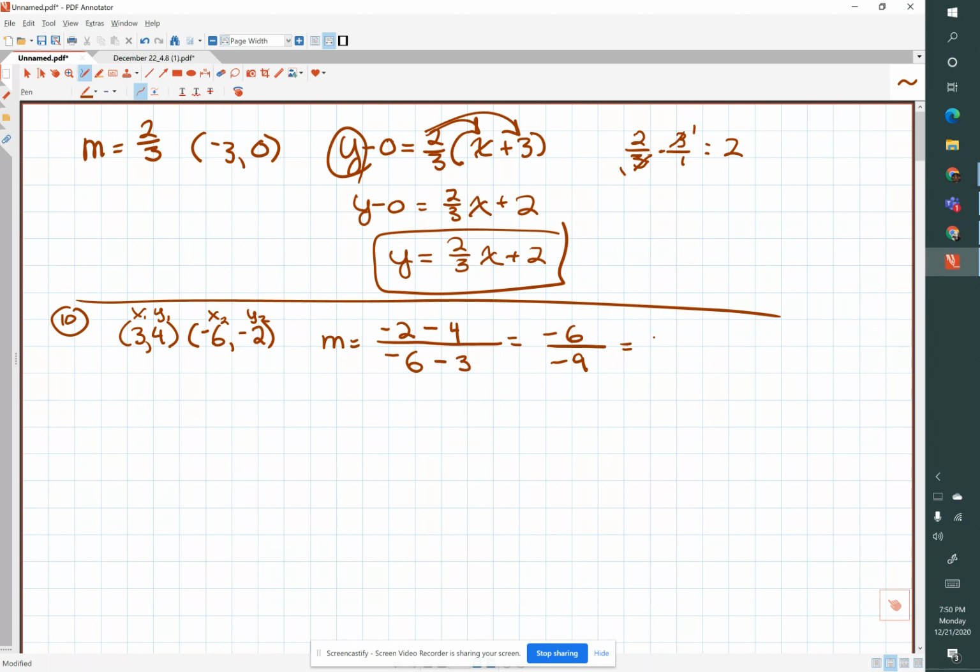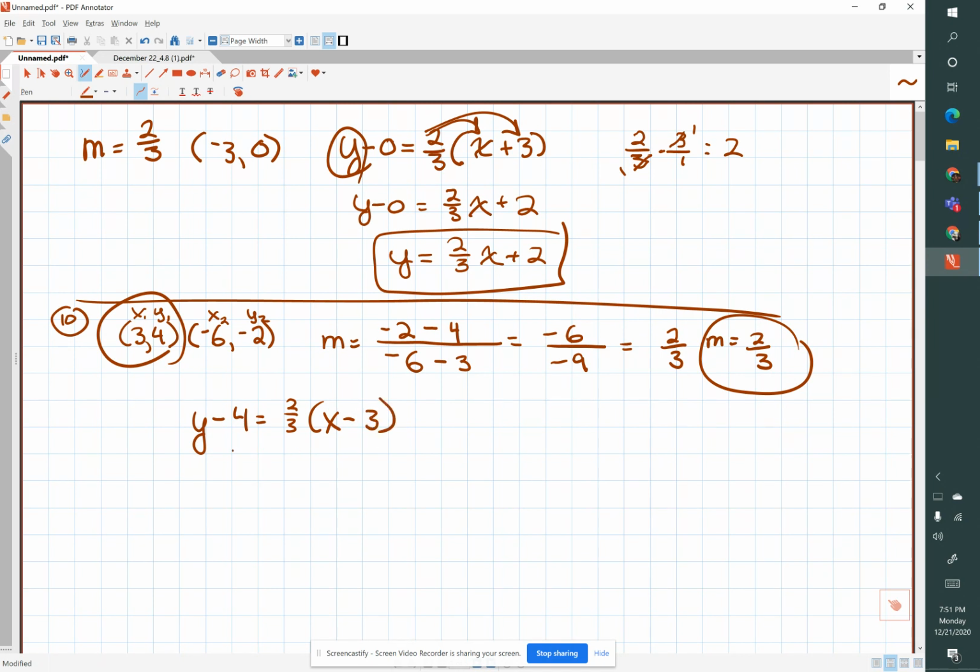And that can be reduced to 2/3 because negative divided by negative is a positive. So our m equals 2/3. Now we'll take the first point and the slope and put it in the point slope formula. Y minus y1, which is 4, equals m, which is 2/3, times the quantity of x minus 3.